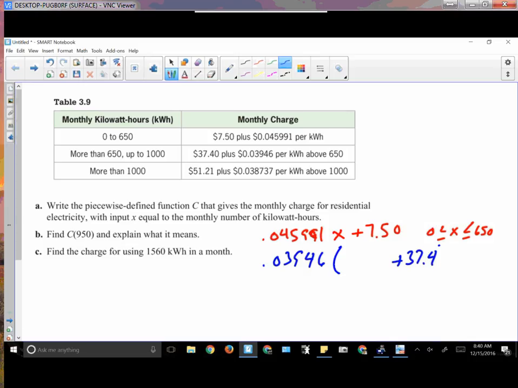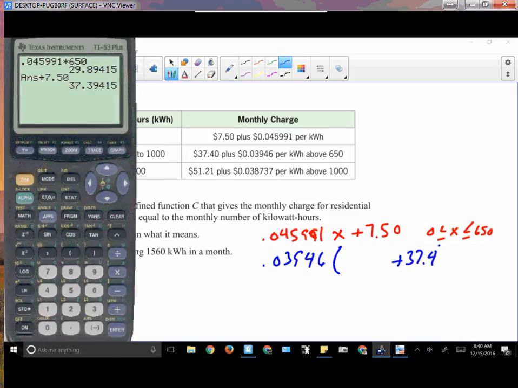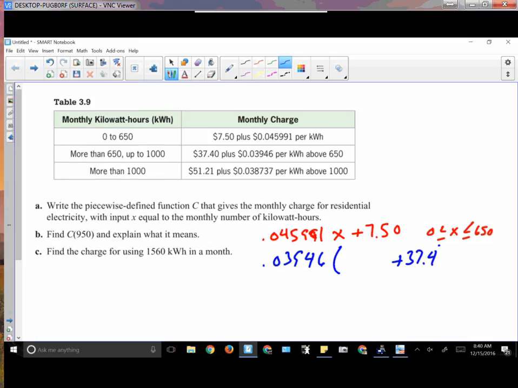I just calculated that out, and that's what I get if I use 650 watts. So, do I want to pay for it all over again? No, I wouldn't want to.